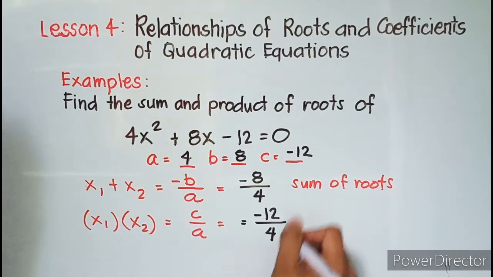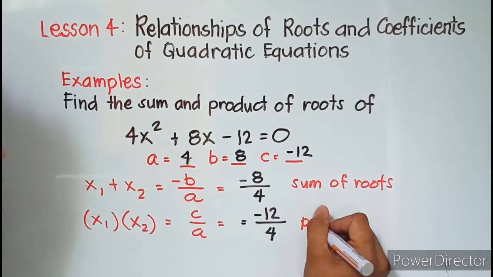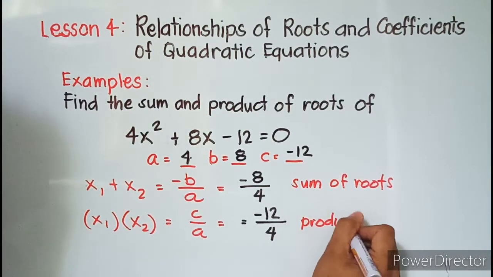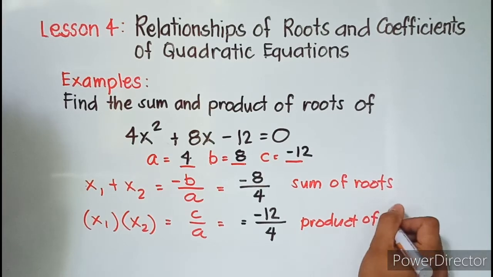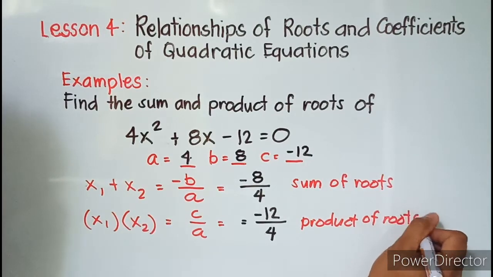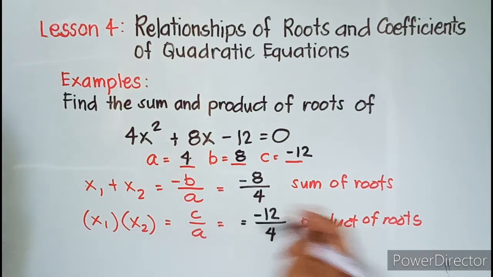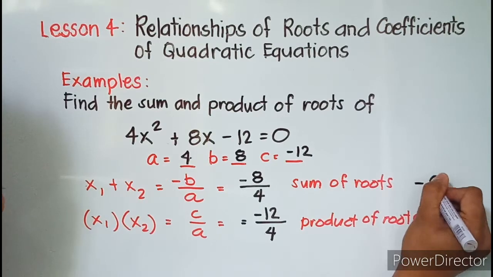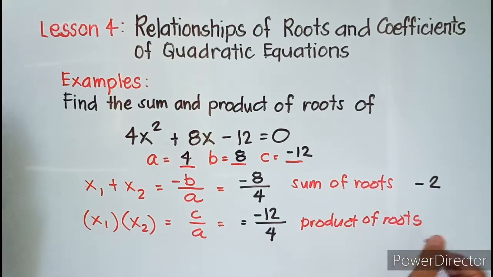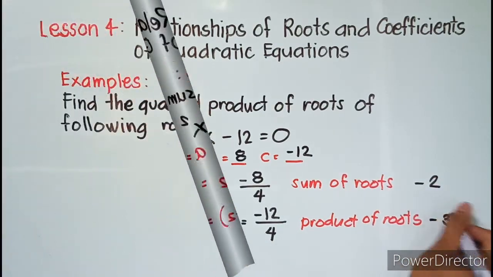And our product is negative 12 over 4. So that is product of roots. You can also simplify this. So negative 8 over 4 is negative 2. And negative 12 over 4 is negative 3.